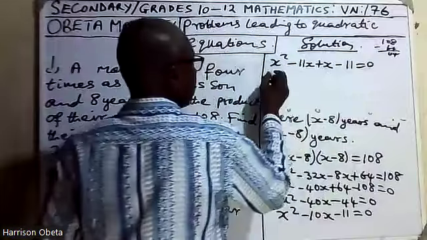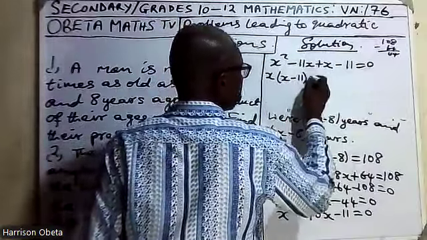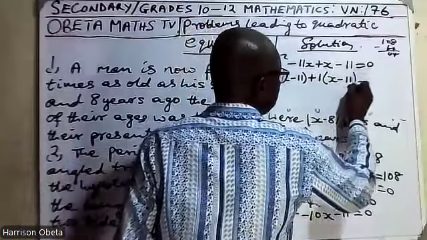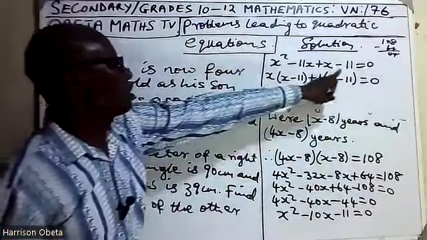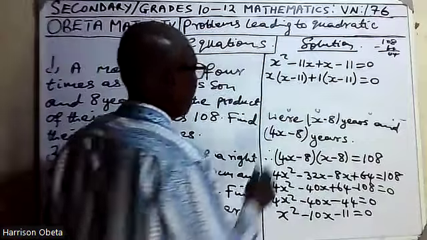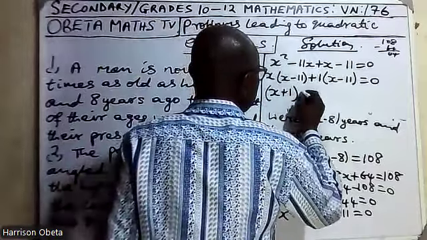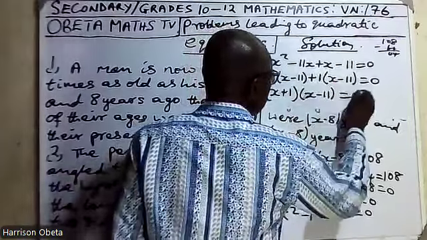Factorize by grouping: x into x minus 11 plus 1 into x minus 11 equal to 0. x is common here, 1 is common here. And that will give us x plus 1 into x minus 11 equal to 0.